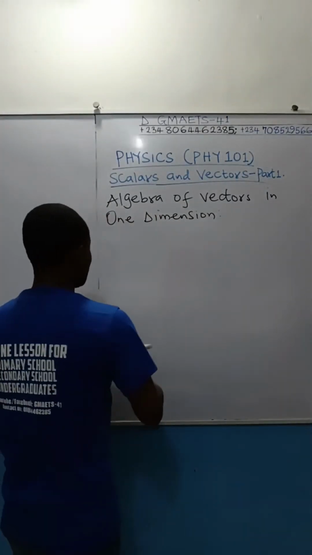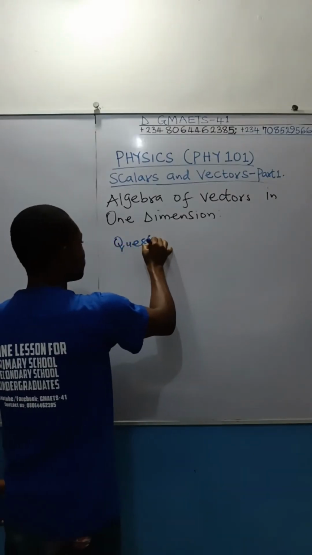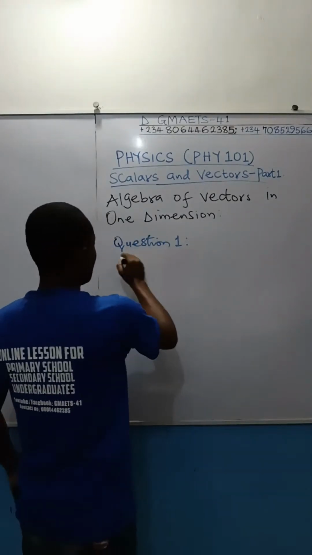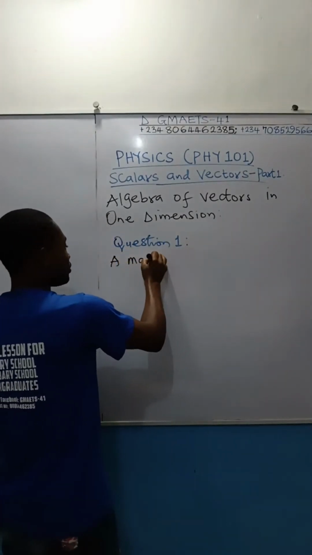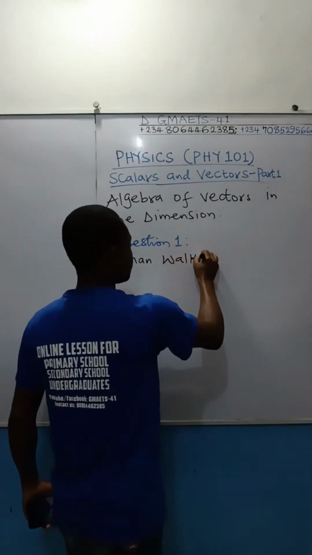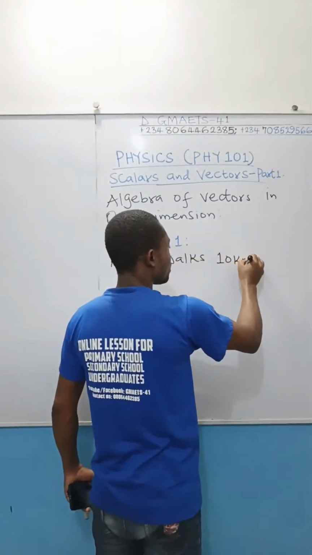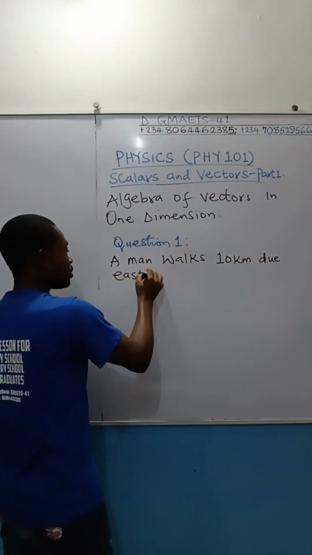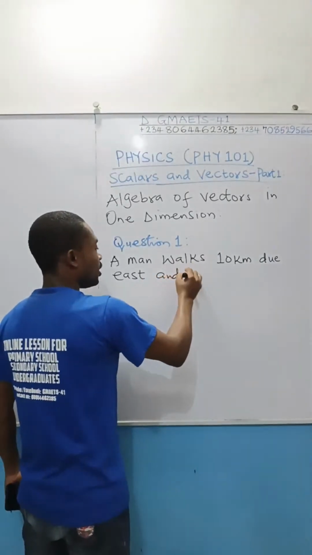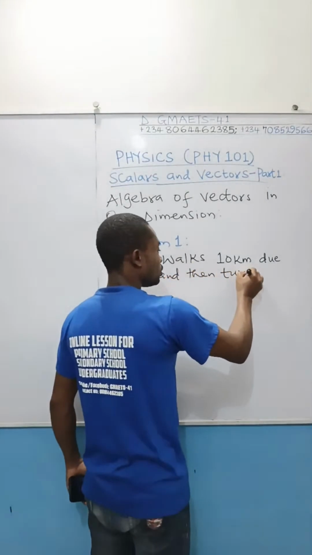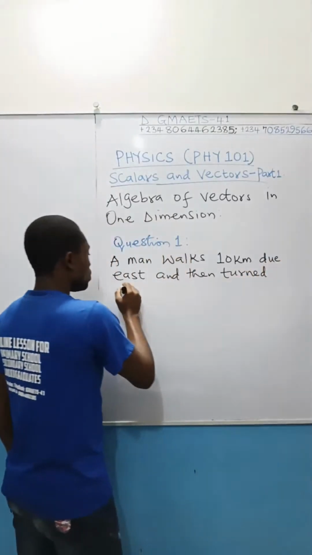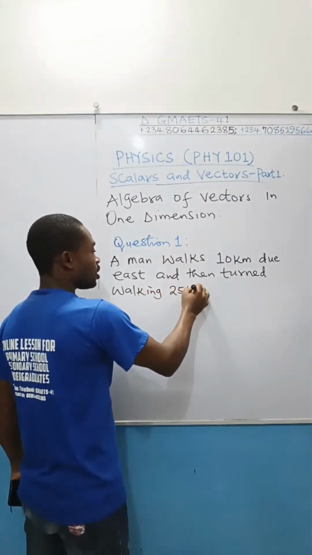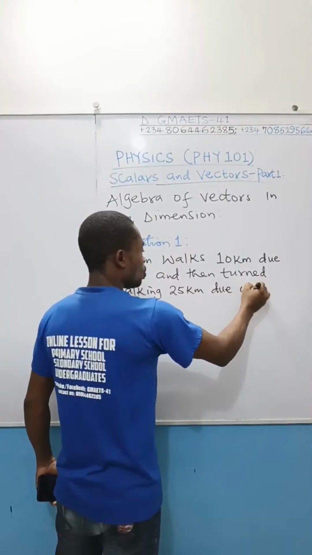So we have this question. Question 1. A man walks 10 kilometers due east and then turns, walking 25 kilometers due west.